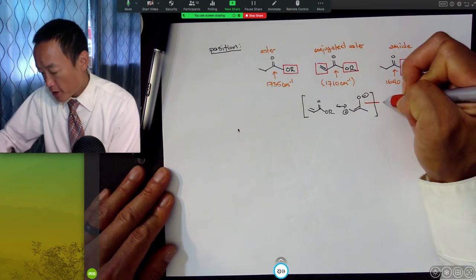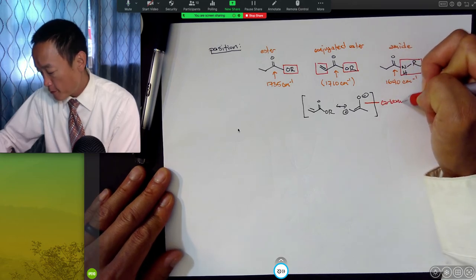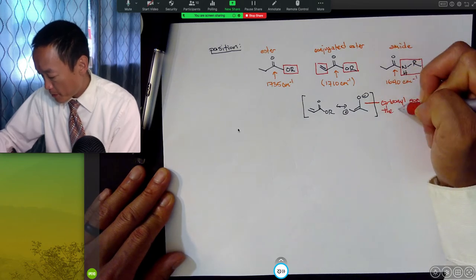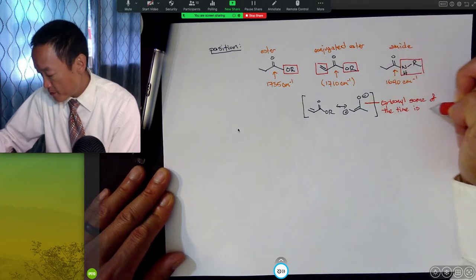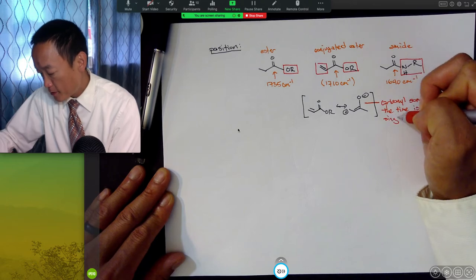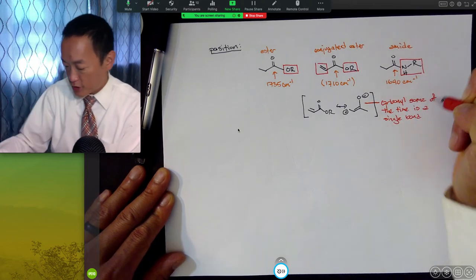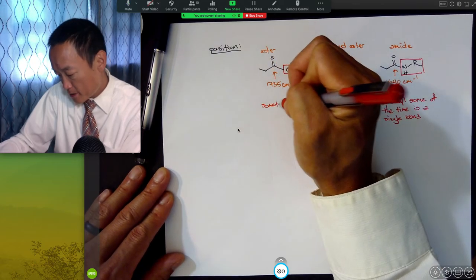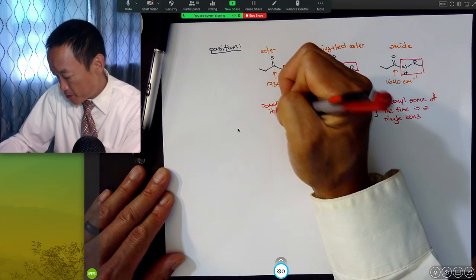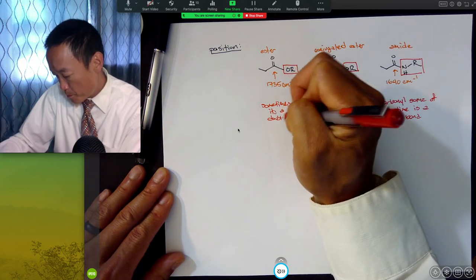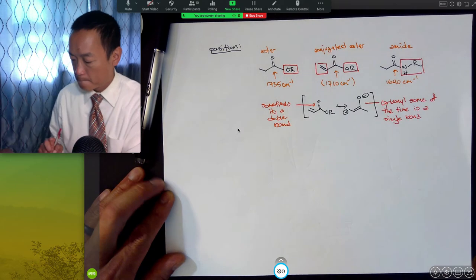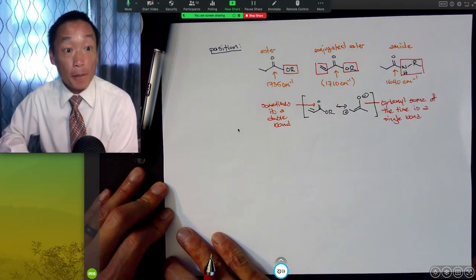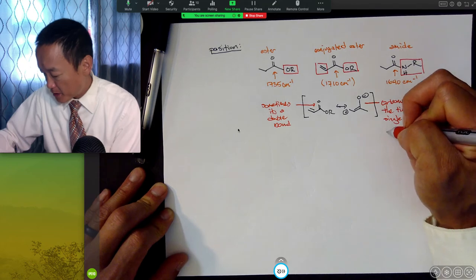This carbonyl sometimes is a single bond. Sometimes it's a double bond. Well, if some of the time that carbonyl is a single bond, it's going to be longer.